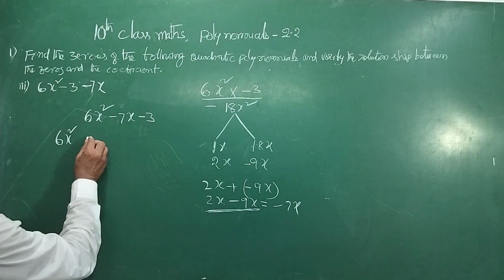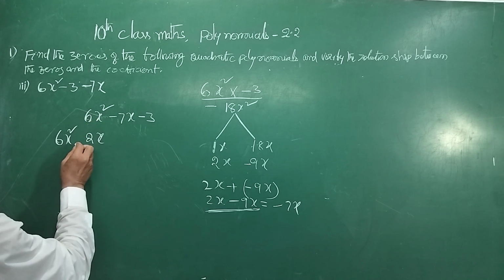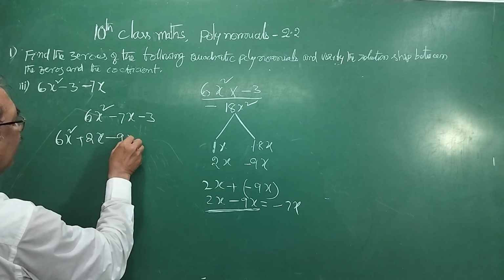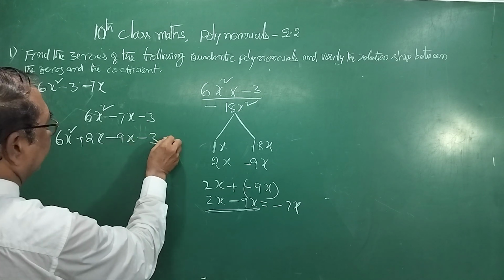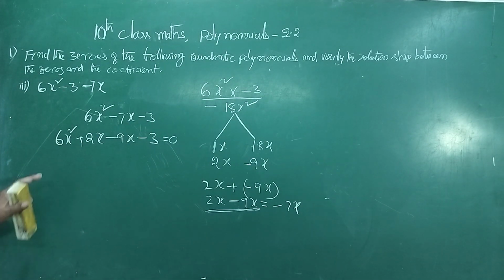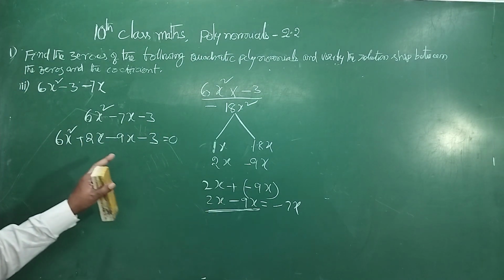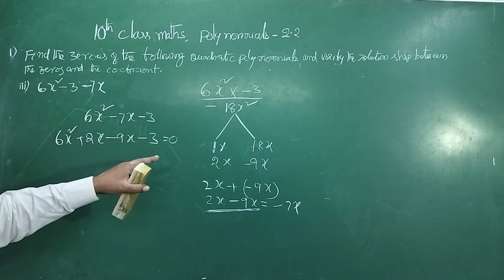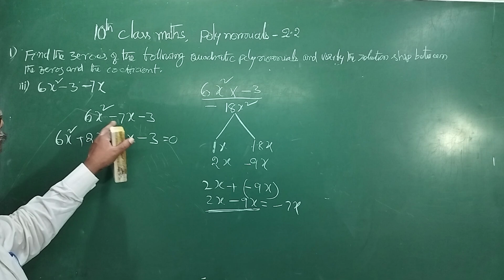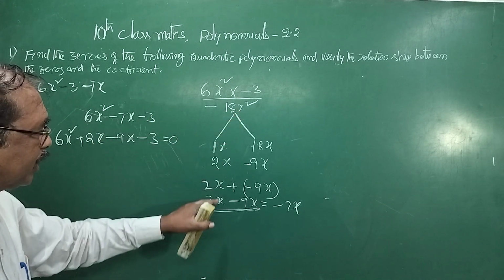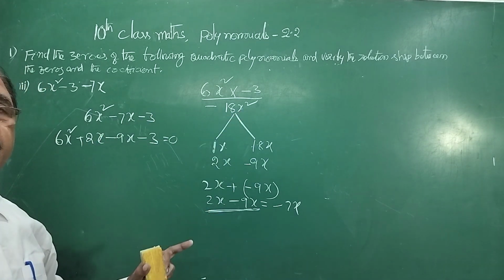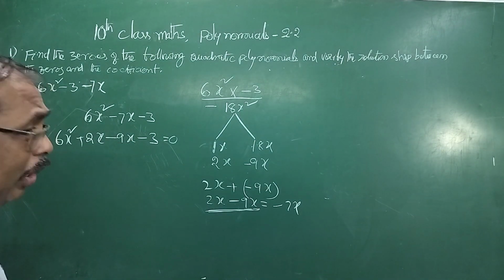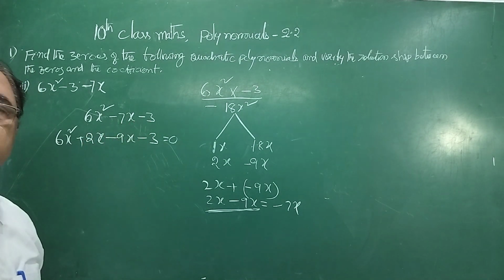Let us write plus 2x minus 9x minus 3 is equal to 0. As we did, we have written here. That means we split the middle term. We split 18x square into two factors, and we add them in order to get the middle term 7x.